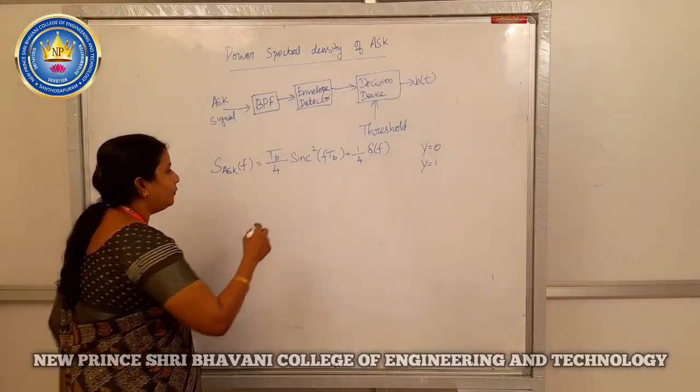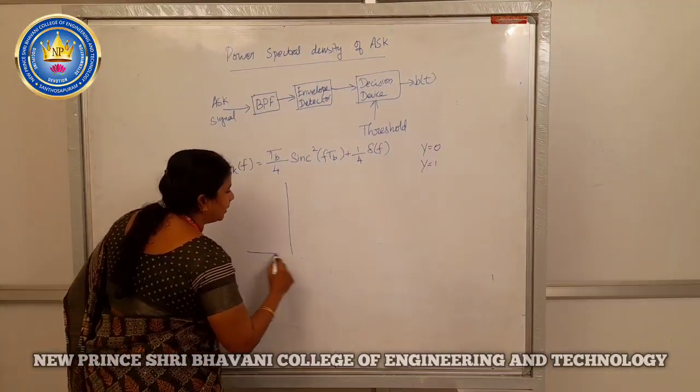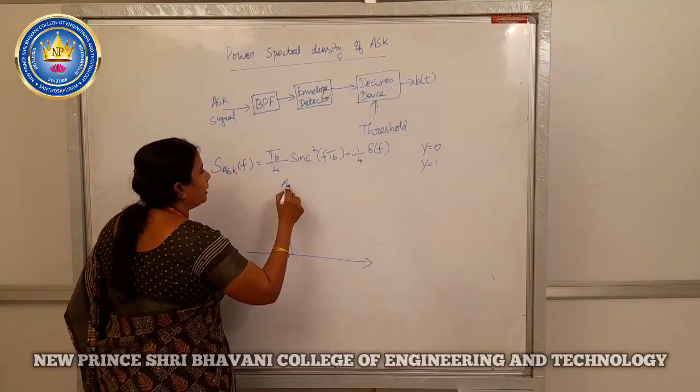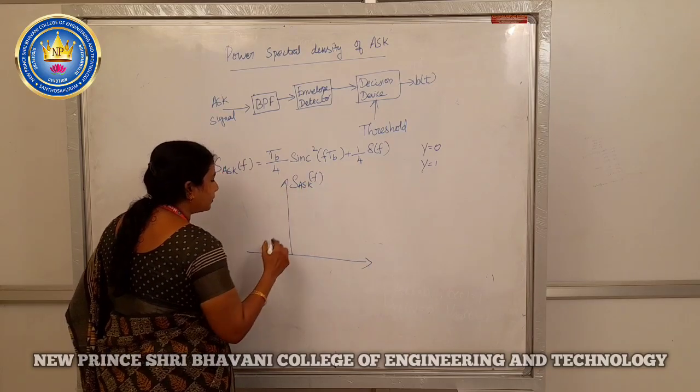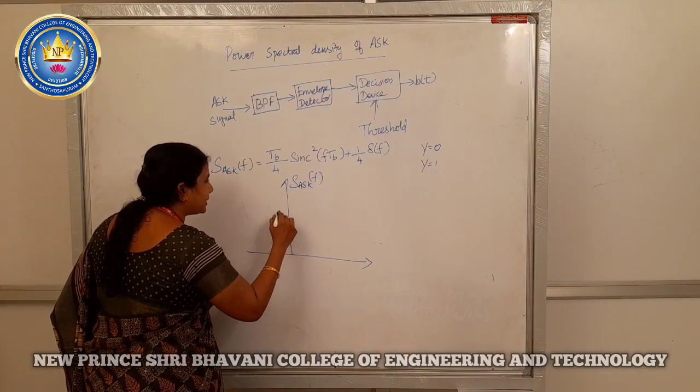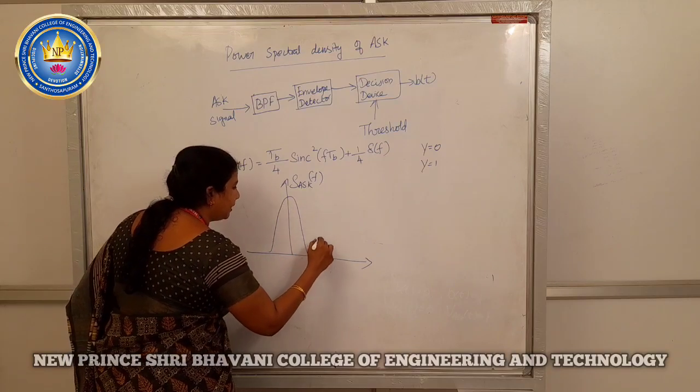Now we are going to look at the waveform of the spectral density of ASK, S(f). This ASK represents the high frequency signal.